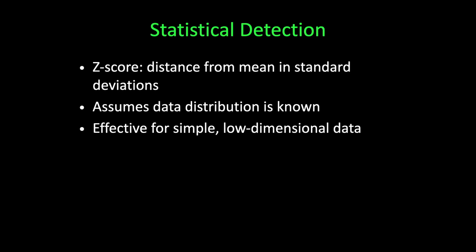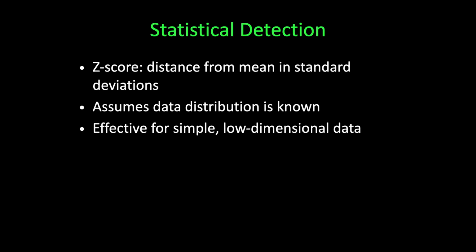Another statistical tool is confidence intervals. Suppose we expect 95% of normal data to fall within a certain range. Anything outside of that interval can be considered suspicious. The strength of statistical methods is their simplicity and interpretability. They're easy to calculate, easy to explain, and quick to implement.